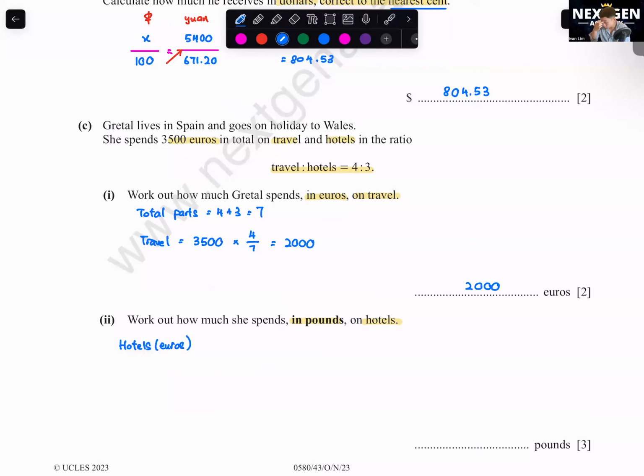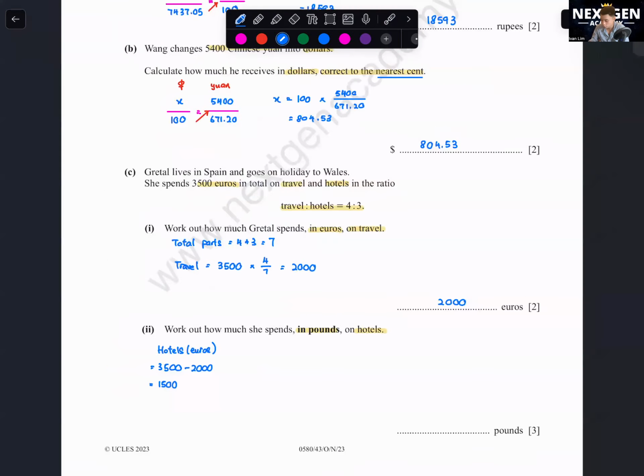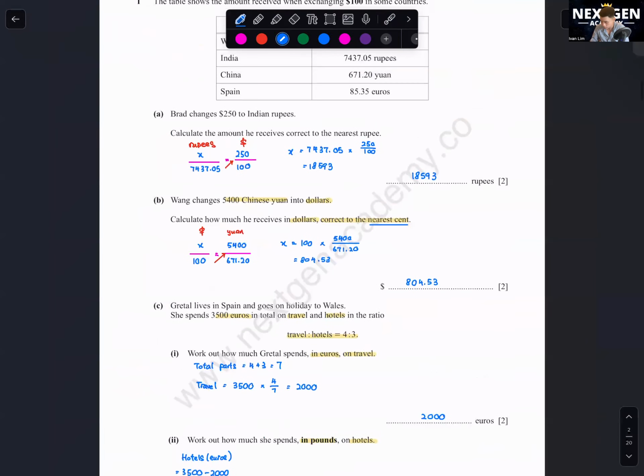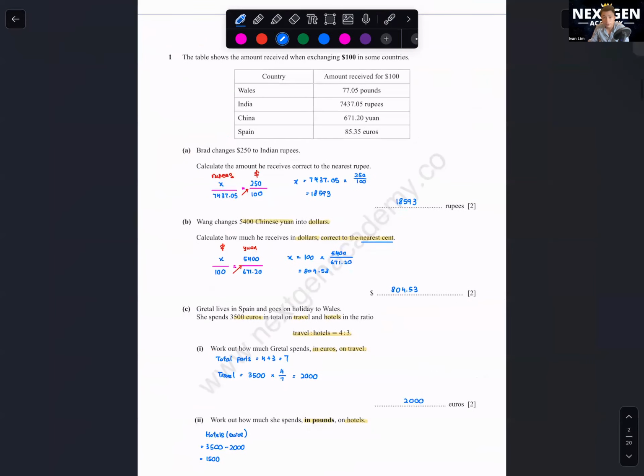What was the total? 3,500. She spent 2,000 on travel. So 3,500 minus 2,000 equals 1,500 euros. What is the conversion from euros to pounds? We have to look back into the table.